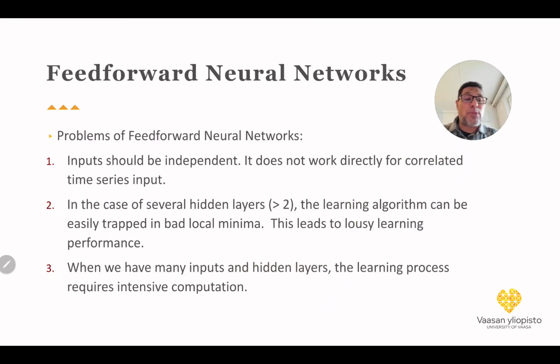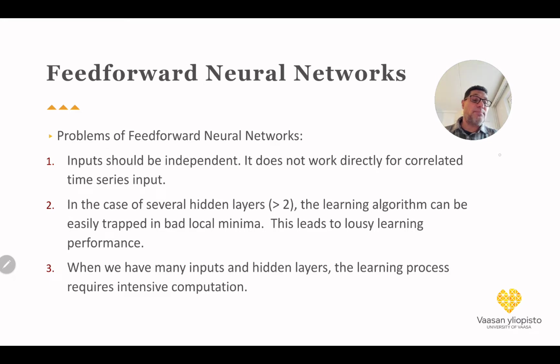We have several problems associated with neural networks. One problem is that the inputs should be independent. For example, the attributes that you give should be independent. It doesn't work directly if you have correlated inputs or correlated data.